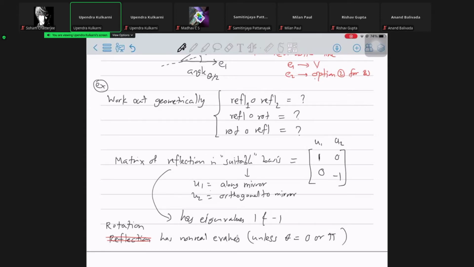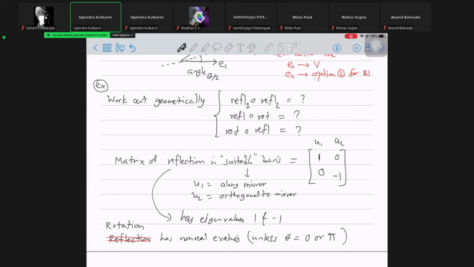Is it clear that if I fix an axis in 3D and rotate around that axis through some angle, it is going to be an orthogonal matrix? Whatever that transformation is, because it preserves lengths and angles, it is going to send orthonormal vectors to orthonormal vectors.